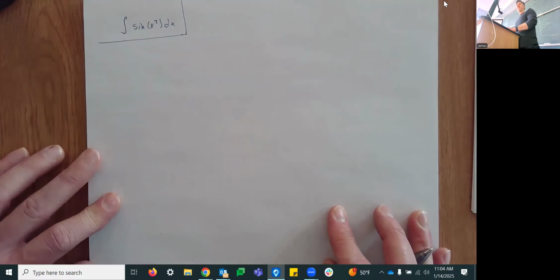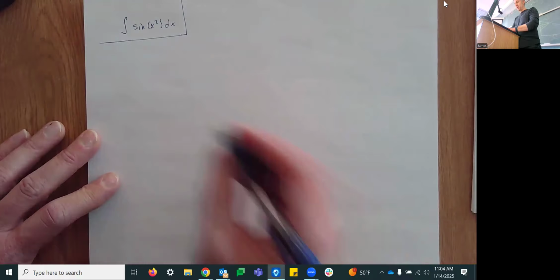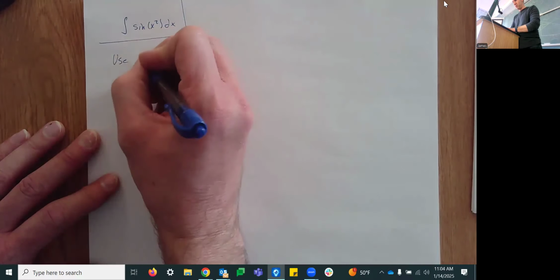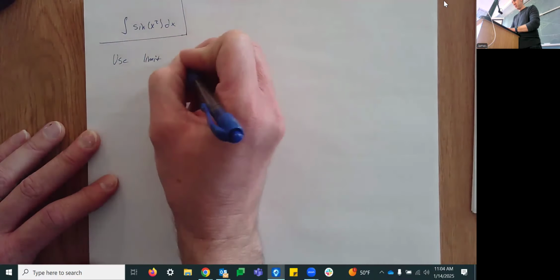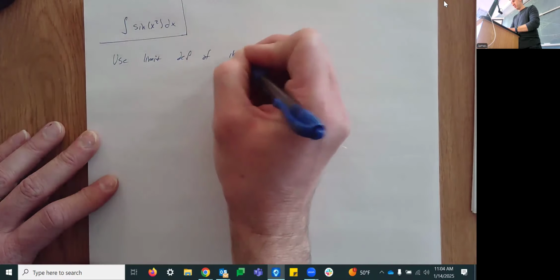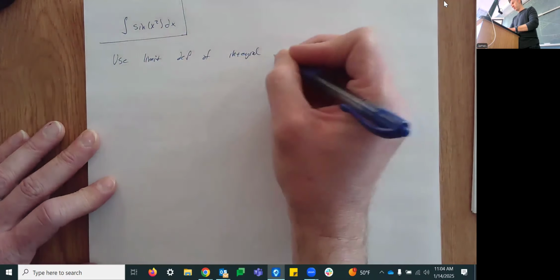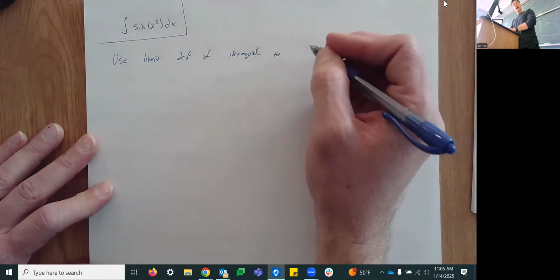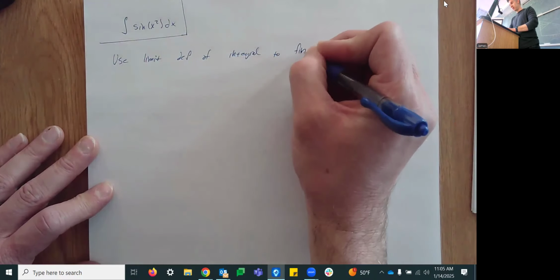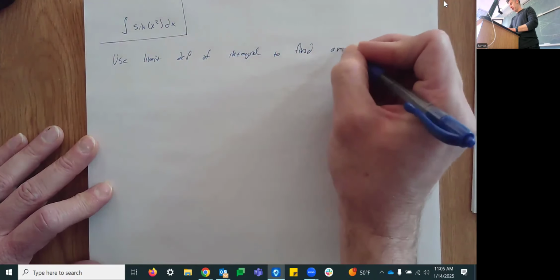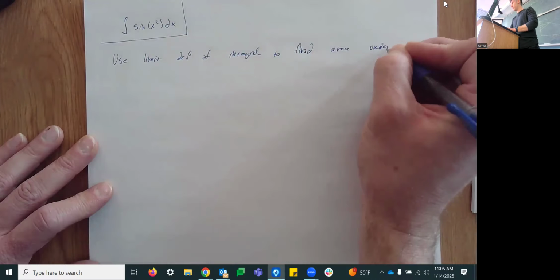Okay, so we want to try to use the limit definition of the integral. And we're trying to not estimate, but find. Let's not make our example too terrible here. The area under, how not terrible do I want to make it?